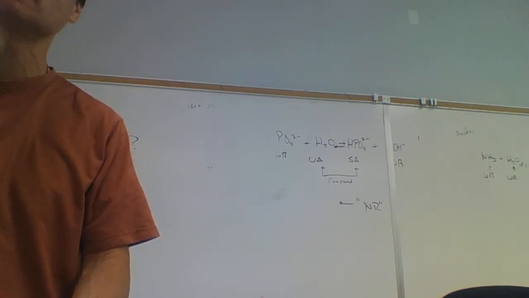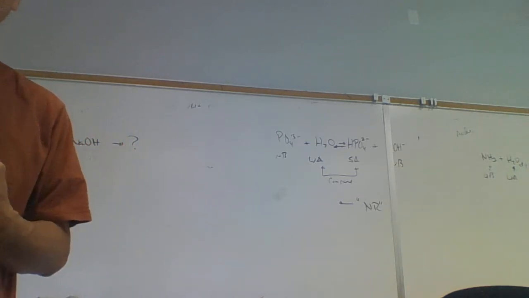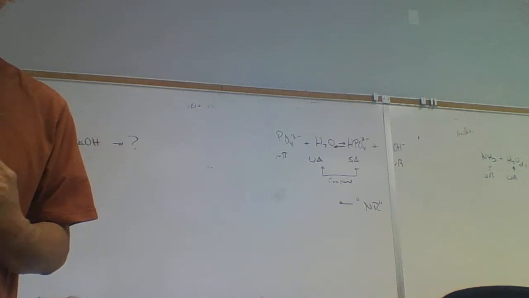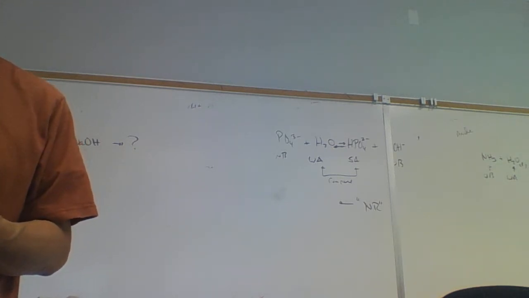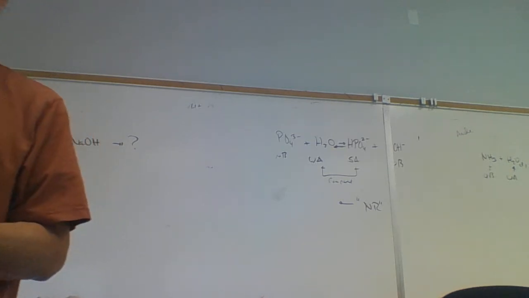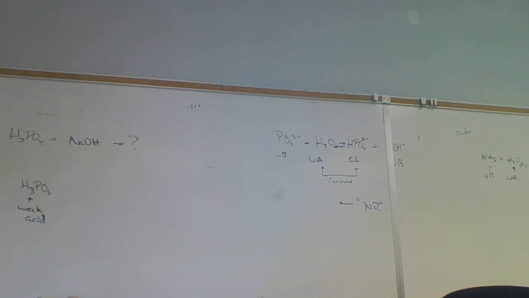Weak acids hold on to the H plus more tightly. So if water comes along and tries to pluck an H plus off a weak acid, it's not successful. The only thing that water can pluck an H plus off is a strong acid. So this is a weak acid. There's water around, and water can't break it apart.